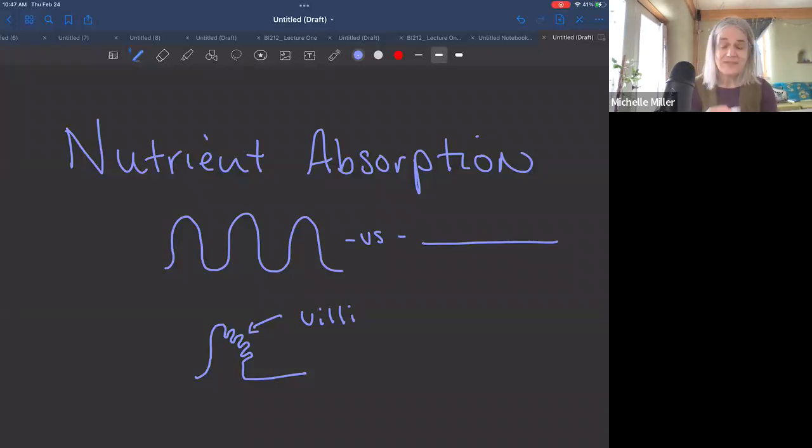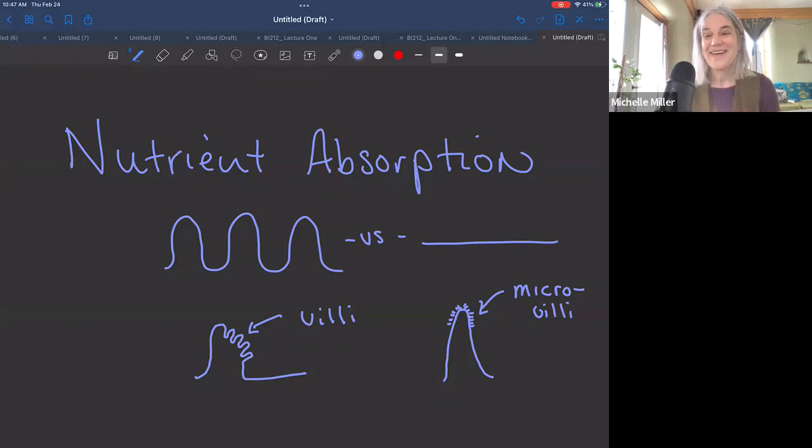If I were to look at one villus, it is lined with epithelial tissue, which is simple columnar epithelial tissue. These cells have projections on them called microvilli, and they increase the surface area even more. So the surface area is huge for nutrient absorption.